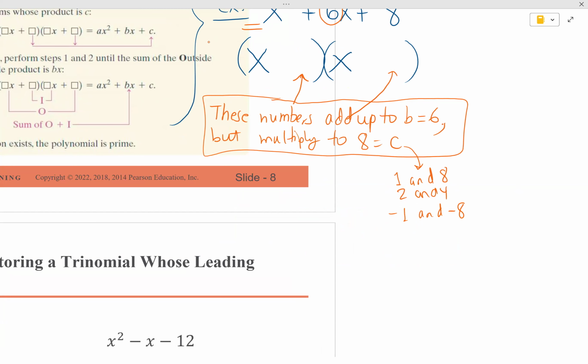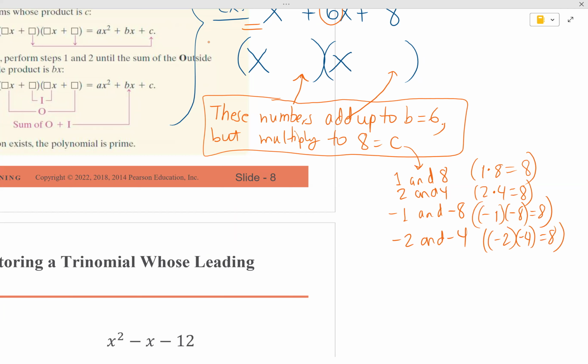And -2 and -4 multiply to 8. So these are all my possibilities: 1 and 8, 2 and 4, -1 and -8, and lastly -2 and -4. You have four options, but there's only one pair of those that add up to 6.